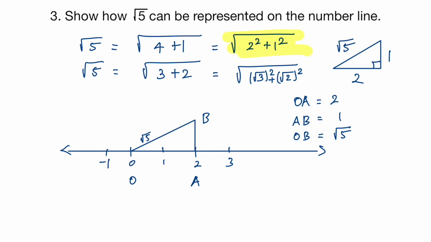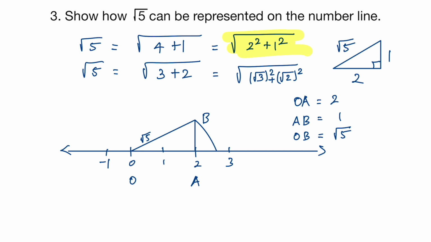Now how are we going to transport this to the number line? This is not on the number line, this is at an angle, but we need it on the number line. So what you're going to do is take a compass with its needle placed at O. You're going to measure OB and draw an arc so that it cuts the number line.